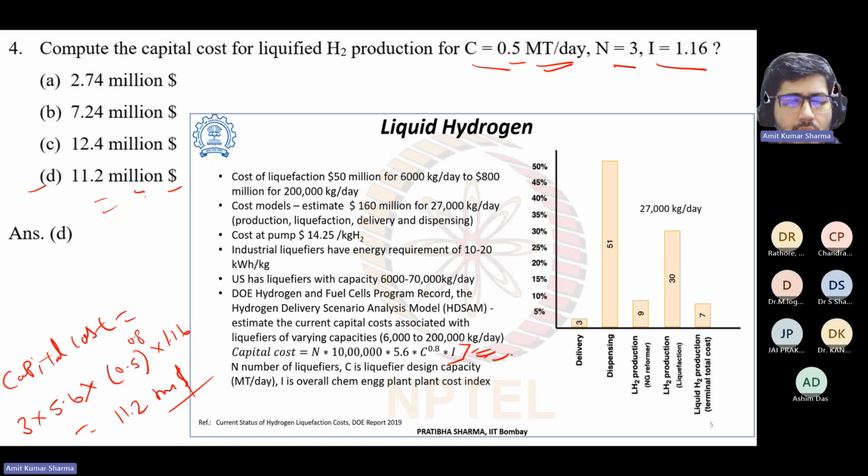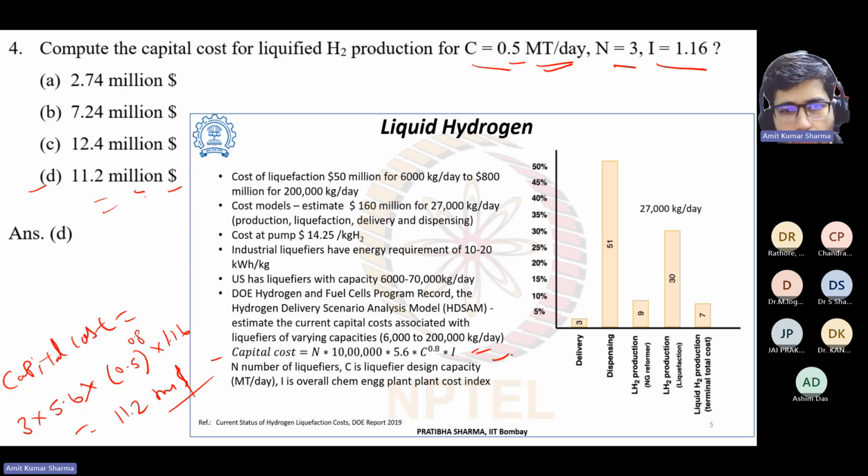So if you go through this slide, in this we have seen the formula for capital cost of liquefying the hydrogen production. The DOE hydrogen and fuel cell program record, the hydrogen delivery scenario analysis model, estimates the current capital cost with liquefiers of varying capacity.